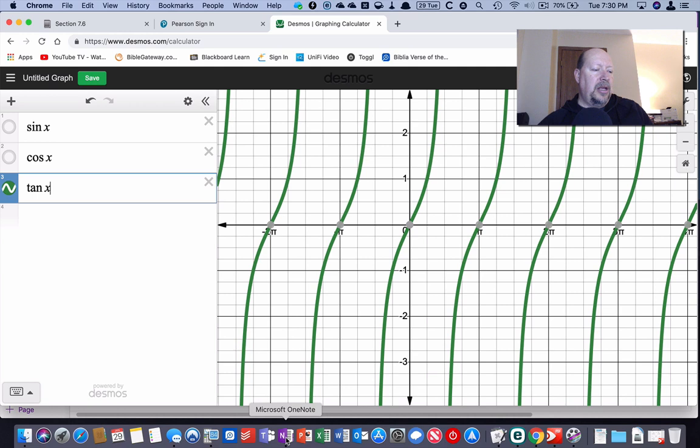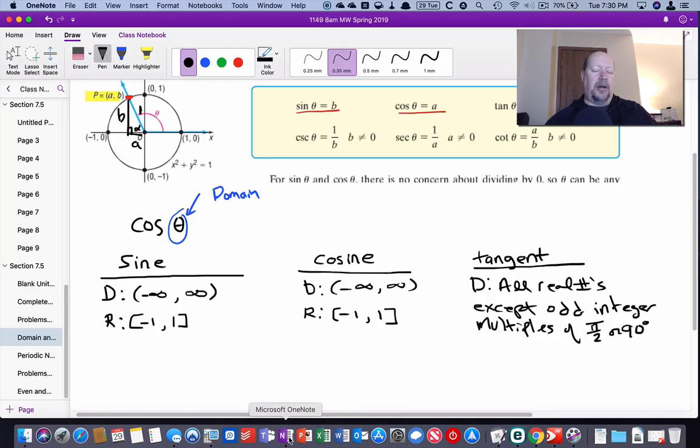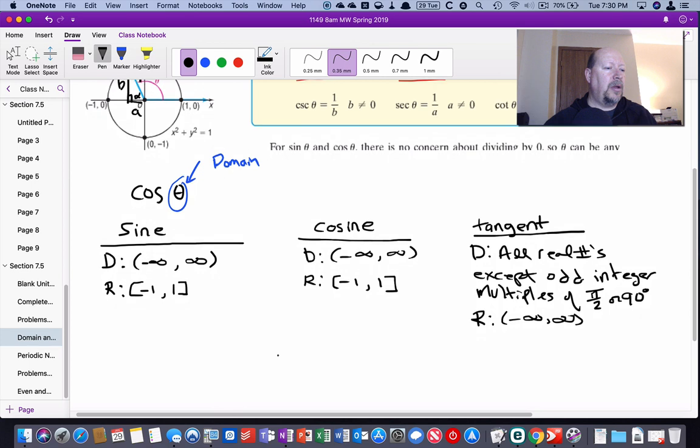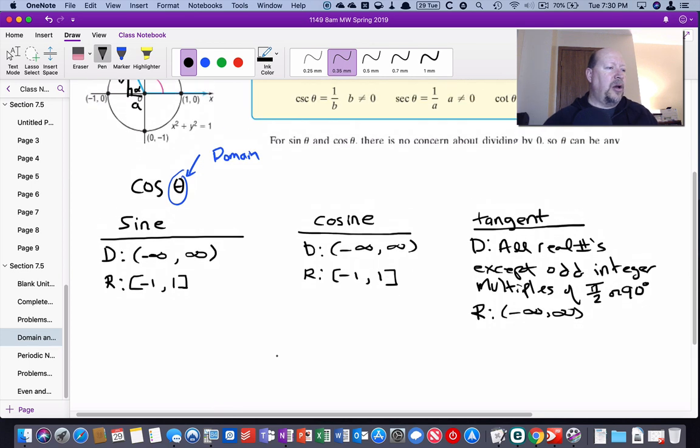So that indicates that our range is all real numbers. We're going to say that with interval notation: negative infinity to infinity.